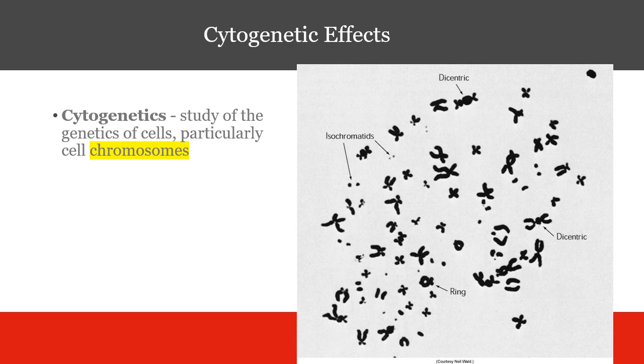These are called isochromatids, where there's just little dots that are left out in the cytoplasm. Here's a dicentric formation we talked about, and then the ring formation, here's one down here, and here's one over here. So there are different formations that can occur. Here's a very good one for the terminal deletion. So the end of the chromatid is off, and then it's located over here in the cytoplasm.